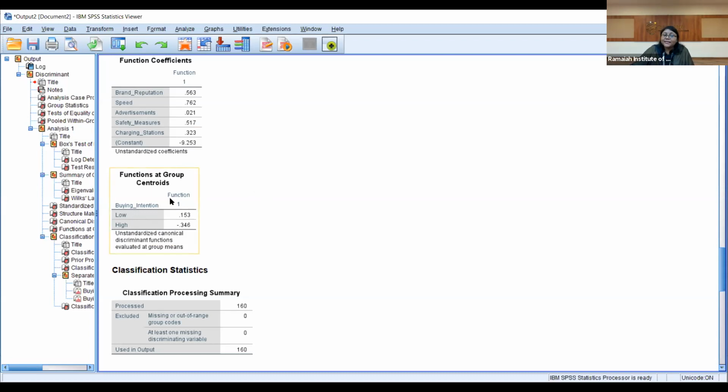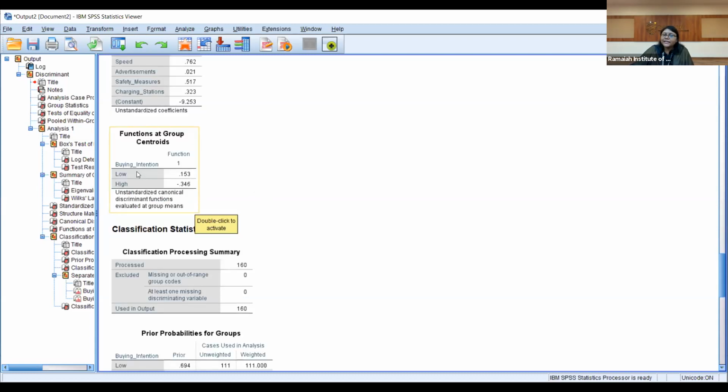Now the same formula is used for calculating the centroid. Here we only see the high and the low. But what about the partitioning point? Where do we partition it? Suppose my partitioning point is 0.000, that means all the values that lie from 0.000 to 0.153 are under the low buying intention.